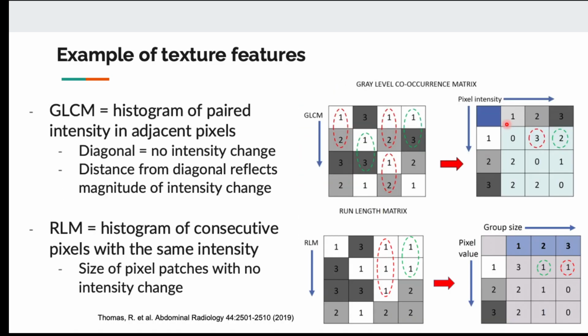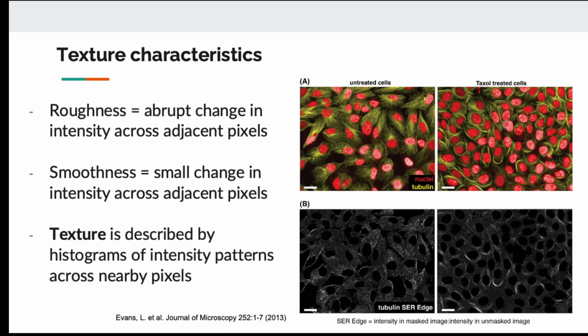So basically, these are how mathematicians or engineers try to quantify the characteristics in the image that usually, as biologists, you describe with words. Like you say that this protein forms a fiber, and you have a broader fiber structure in the untreated condition, and less fiber structure in the treated condition.